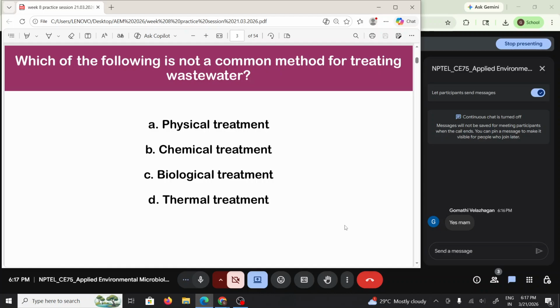You just have to tell me which of the following is not a common method for treating wastewater. We are starting with a very basic and simple question. You can just choose the option and post it in the chat box.